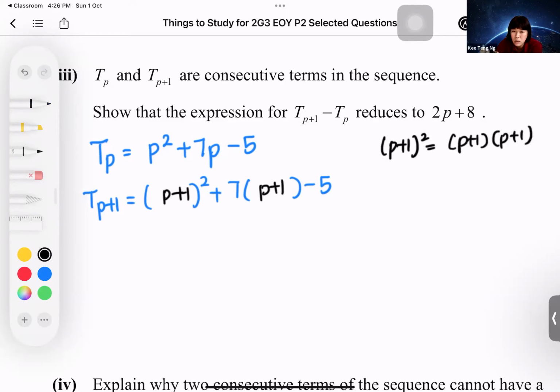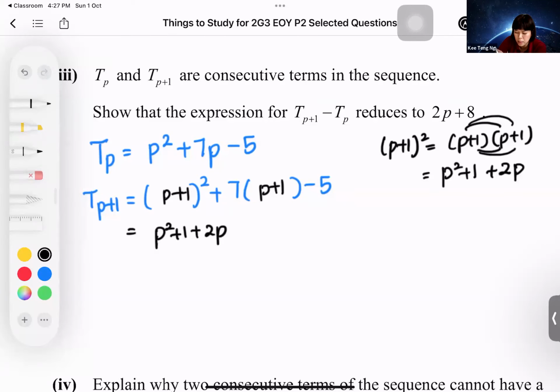It is not p squared plus 1. Okay, if you want to use the special identity, it will be p squared plus 1 squared plus 2 times p times 1. So there's a 2p. Right? So since I already know the special product formula, if not, you can go and do your expansion. So I should get this whole portion to be p squared plus 1 plus 2p.